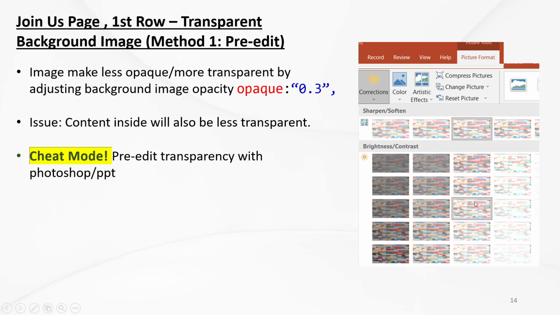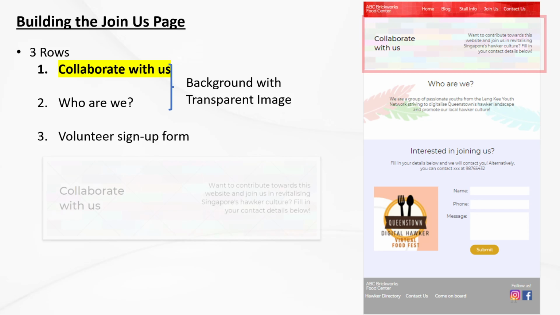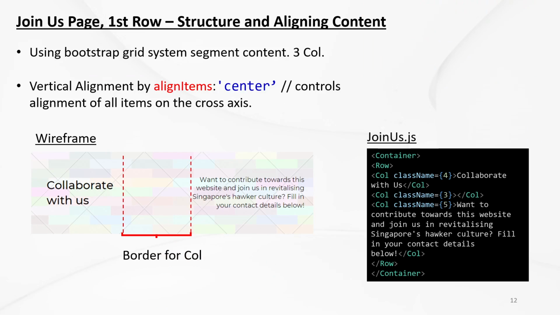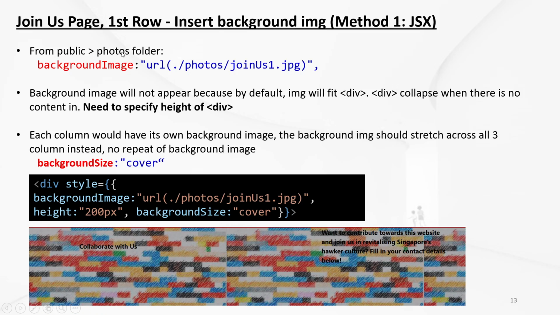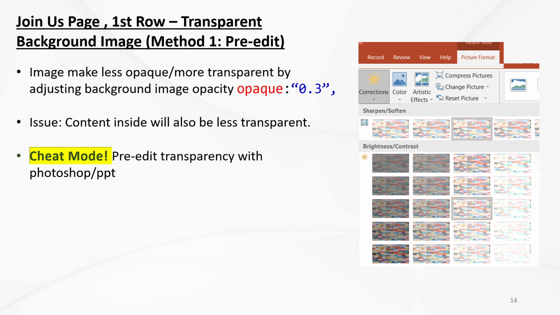Then I export the slide containing the background image to be saved in JPG, and after that transfer it all the way back into this folder, the public photo folder. So it's quite tedious. Okay, so after doing that, let's look at the actual product.